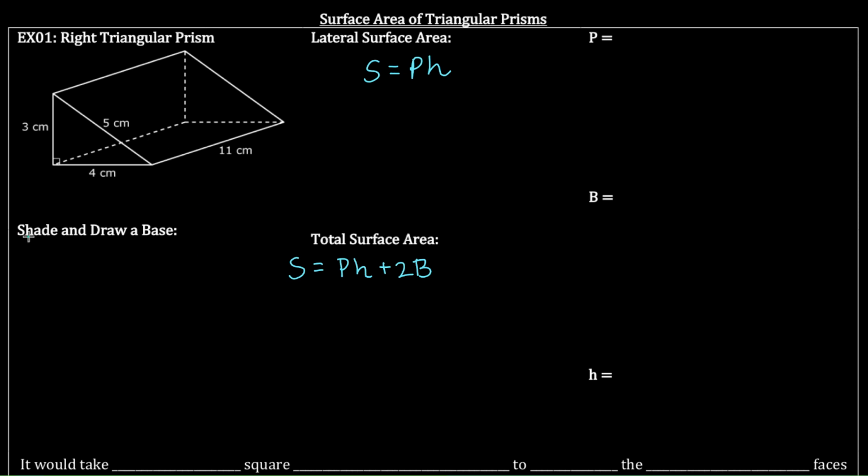The first thing I want you to do is always draw and shade the base. So I'm going to shade my bases first, and they are triangles. Remember, it's tipped over. I'm going to draw this base.